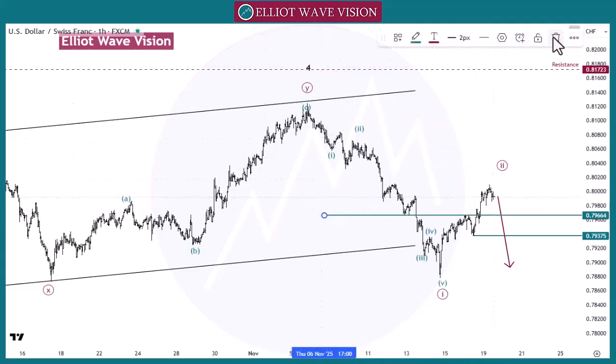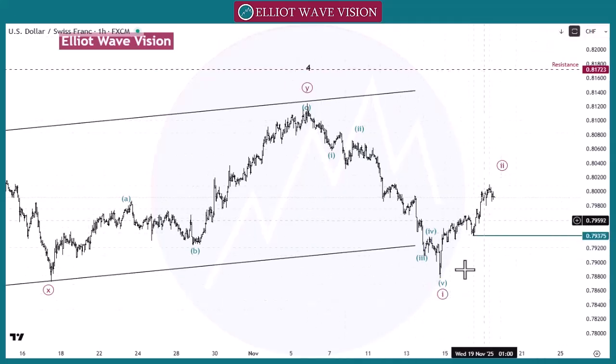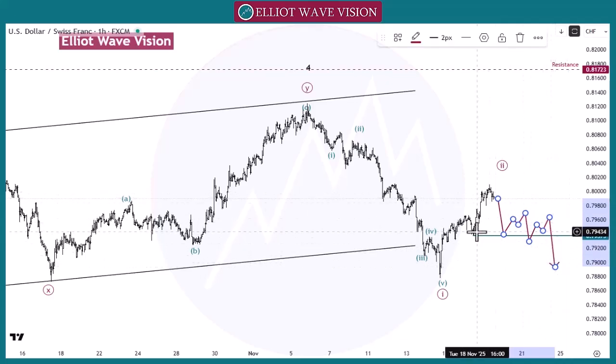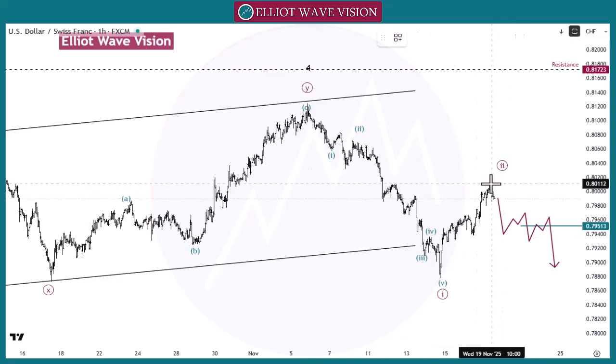Or if we go after this impulsive move like first high A, B and C, now we need to wait for the classic trading level pattern in lower time frame like at this point impulsive move A, B, C, then in lower time frame arrival reaction first low below level A, B, C. So we will go with this wave B. After this correction we need to wait for the impulsive move and its correction. Then we will go with this correction and start our stop loss at this point.